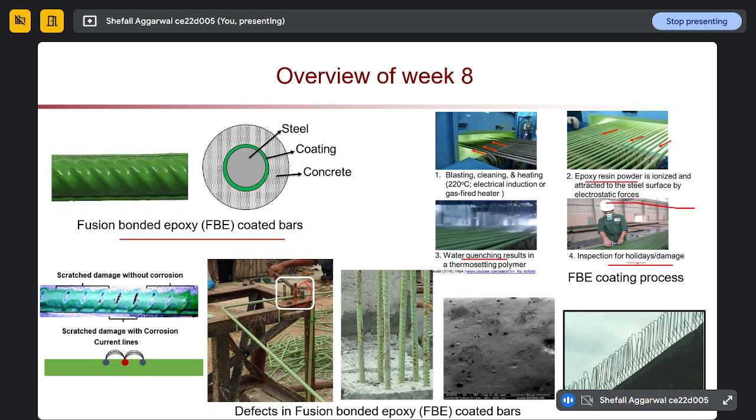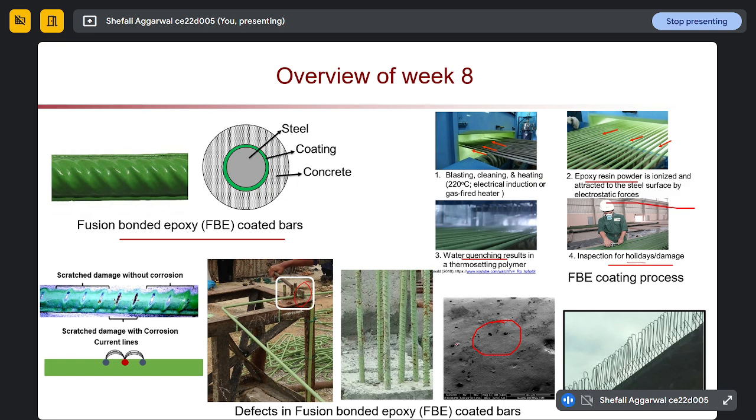So what exactly do holidays mean? From here, if you see, this is the same image of a normal epoxy coated rebar. If there are any pinholes, like normally when we are doing any epoxy coating, you can see there are some gaps or bubbles formed over the rebar, over any coating. And when those gaps or bubbles burst, there will be a gap in the coating. So that is called holidays in our coating.